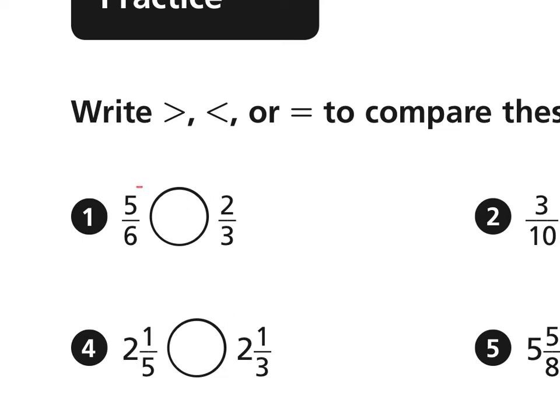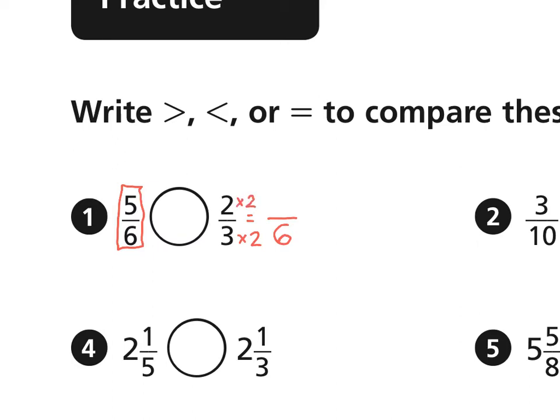If I'm looking at 5/6 here, I know that I could change 2/3 into 6ths. So if 6 is my new denominator, I would need to multiply 3 times 2 to get to 6. If I do it to the denominator, I have to also do it to the numerator.